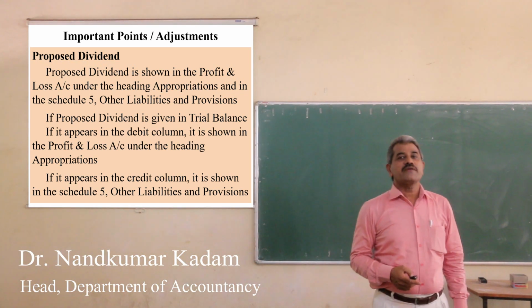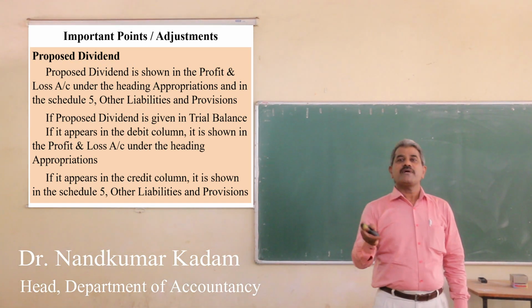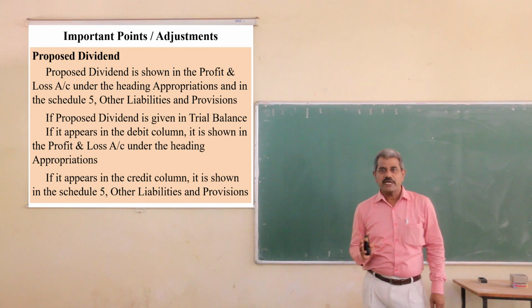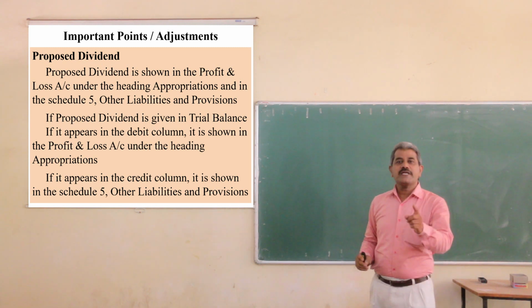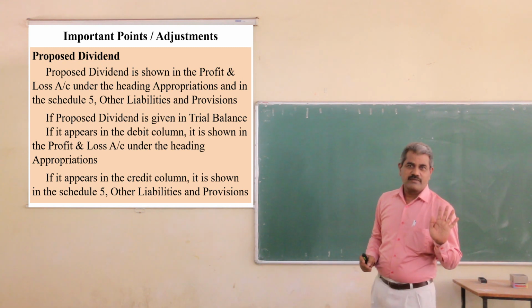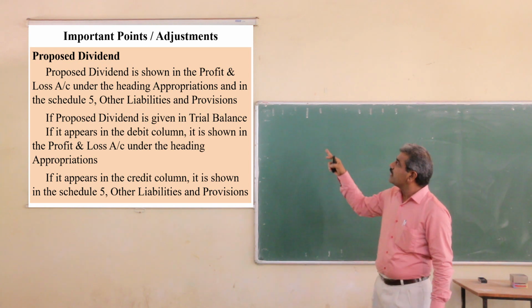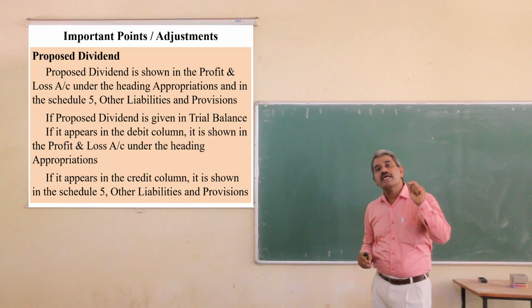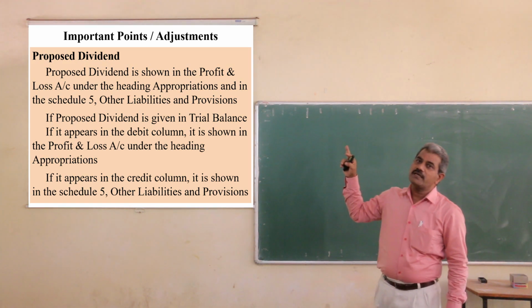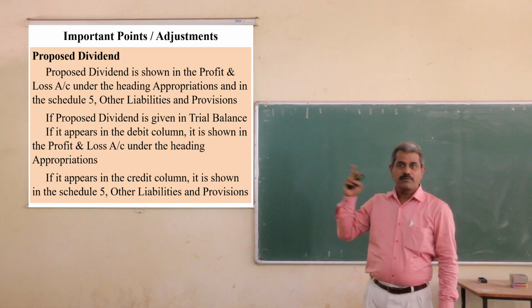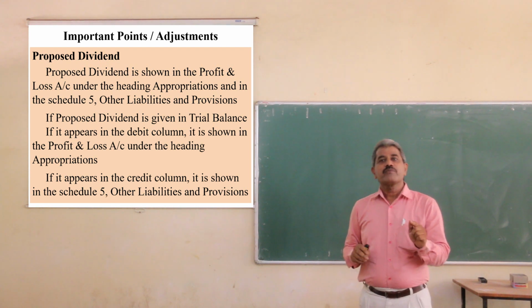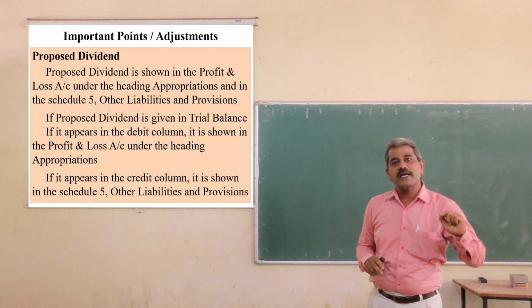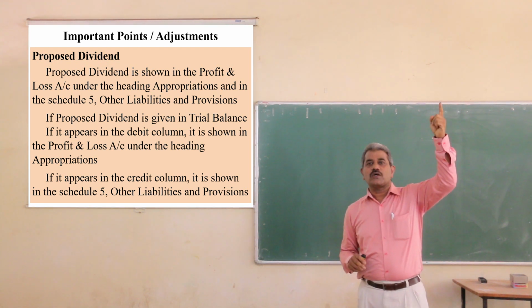Next, proposed dividend. Every time such an adjustment is asked. If it is given in the adjustment, then proposed dividend should be shown under the heading appropriations in the profit and loss account.